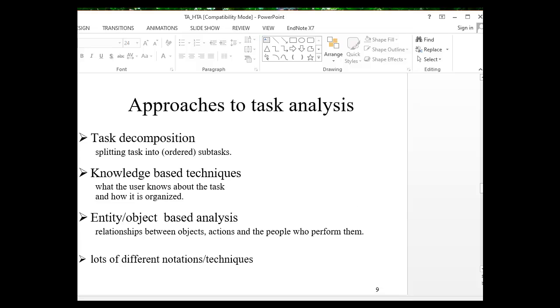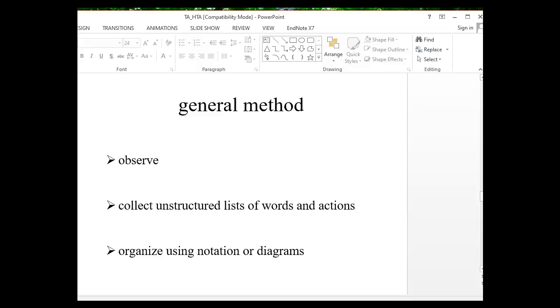Okay, so general methods. In a general method, besides task decomposition, knowledge base, and the third one, object and relation base, this is a general method, and it is based on three main, easy steps. First, observe your task. What is the task, what does the customer or user want, what is the objective or goal of the user. Second, collect all the requirements that you need to perform that task.